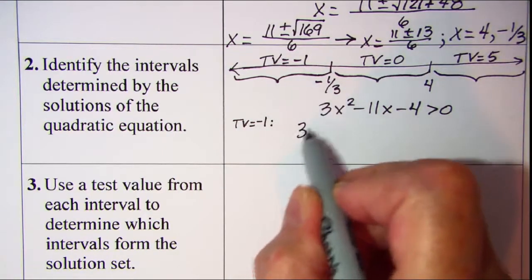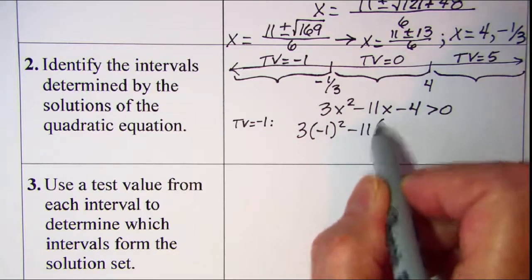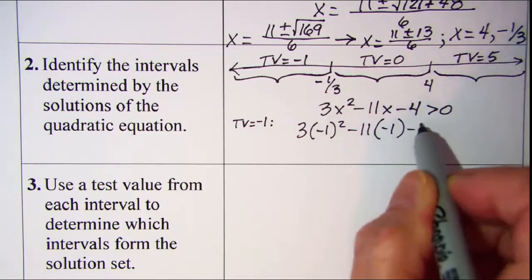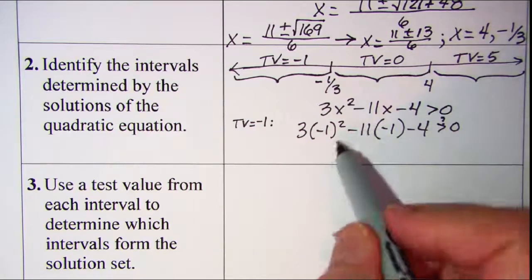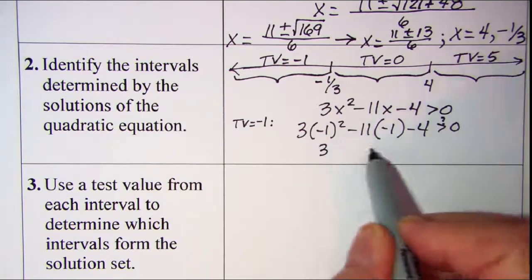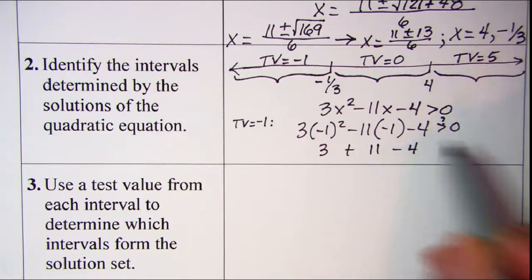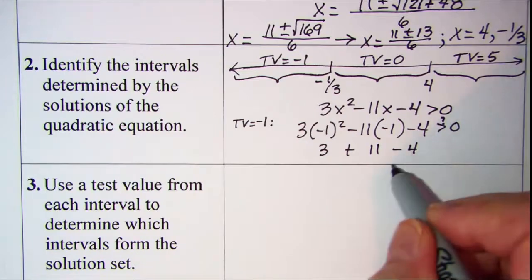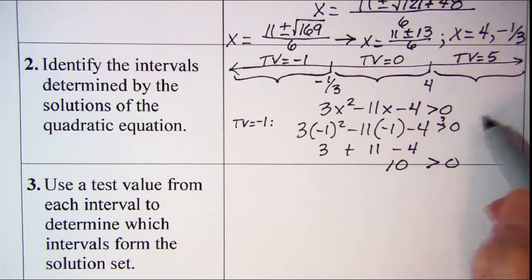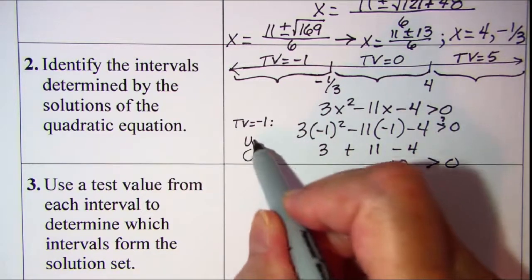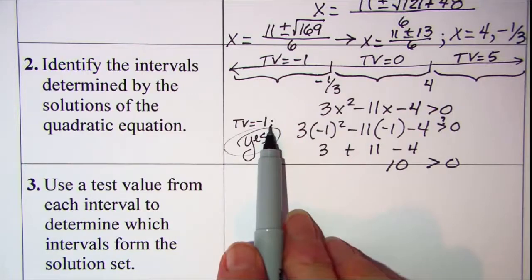I have 3 times -1 squared minus 11 times -1 minus 4, and I want to see if that's greater than 0. This is 3 plus 11 minus 4. This is 10, which is greater than 0. So yes, the interval with the test value of -1 does work.